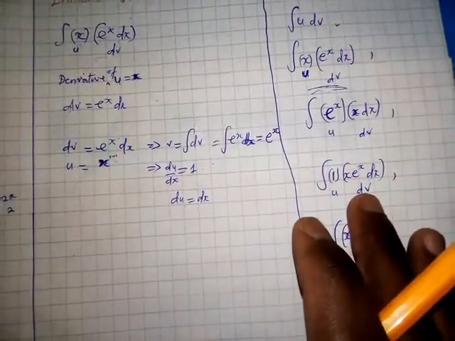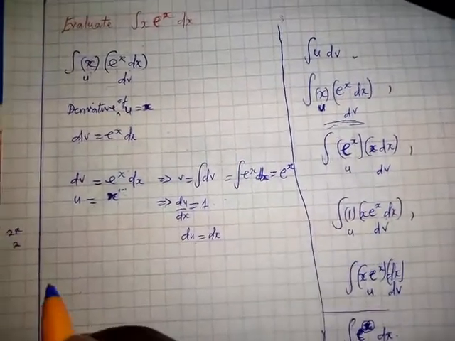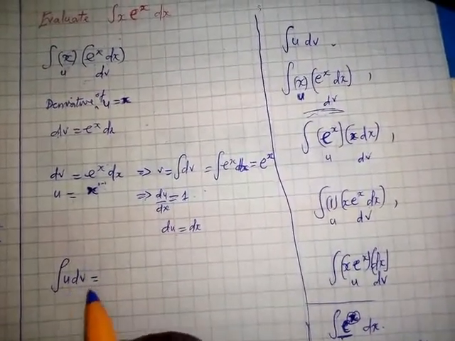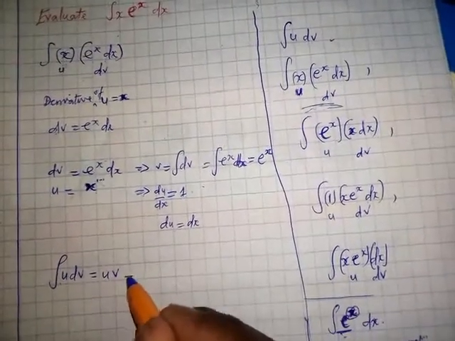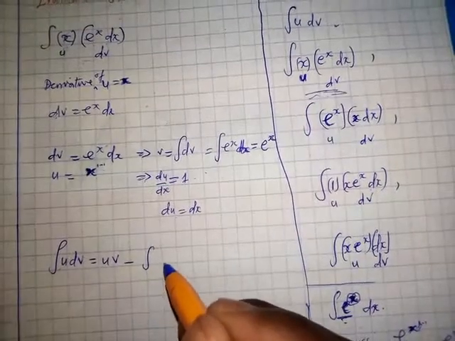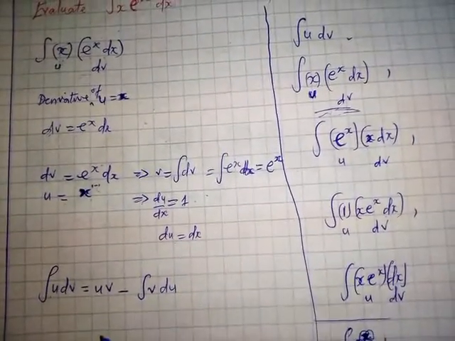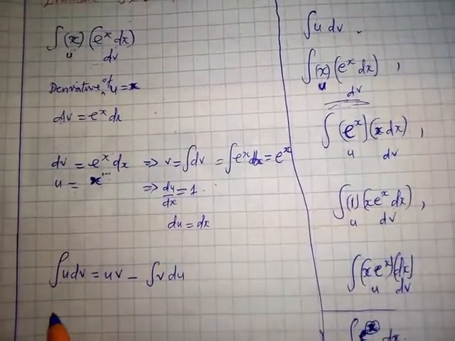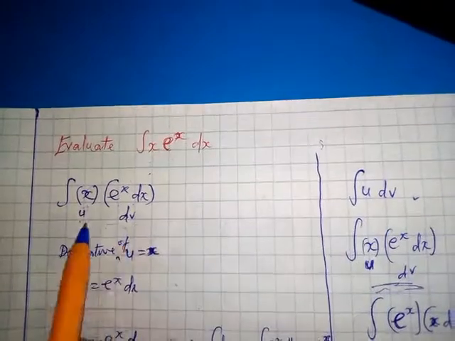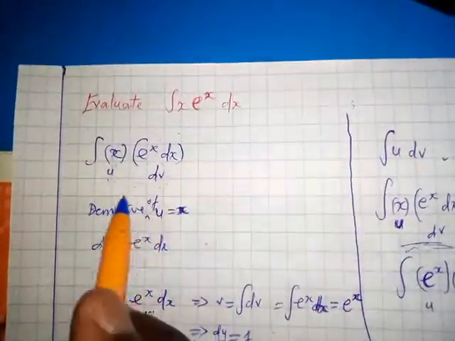After that, we integrate by parts, applying the formula: integration of u dv is equal to uv minus integration of v du. Remember, u dv is a multiplication.